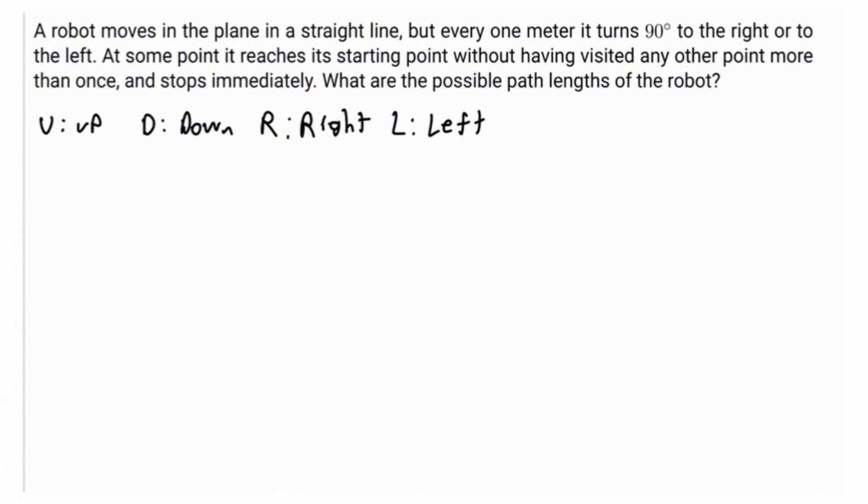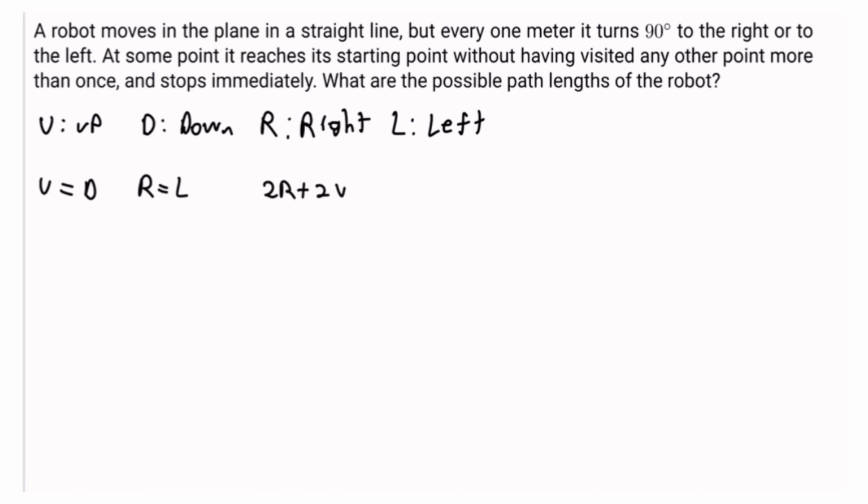Now let's say that this robot starts here, and if it goes n moves to the right in total, then since it returns to the starting point, it should go the same n moves to the left. The same thing is true for the ups and downs. U equals D and R equals L, which means that the total length is going to be 2R plus 2U, which is an even number.